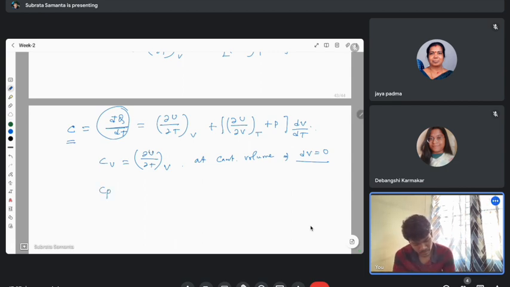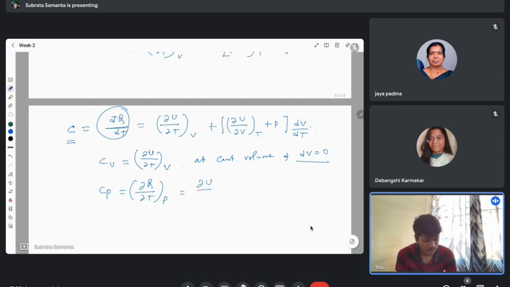And what about Cp? So Cp means del Q by del T at constant pressure. So that means no quantity here will be 0.